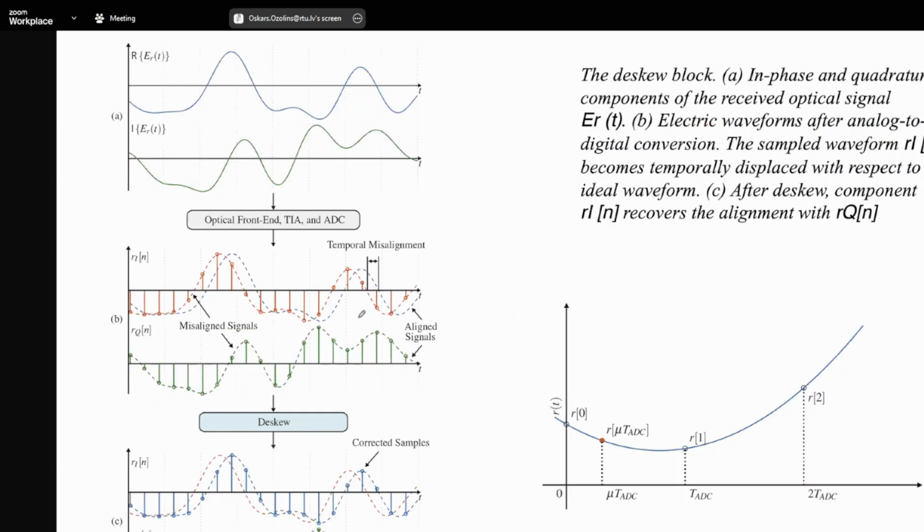Here is again an example when we talk about the skew of these signals. After our optical front-end, transimpedance amplifiers, and analog to digital converters, we have I and Q signals, and they are misaligned. So then we have a skew, and this temporal misalignment. When we apply this skew algorithm, from the red we shift it to the blue.